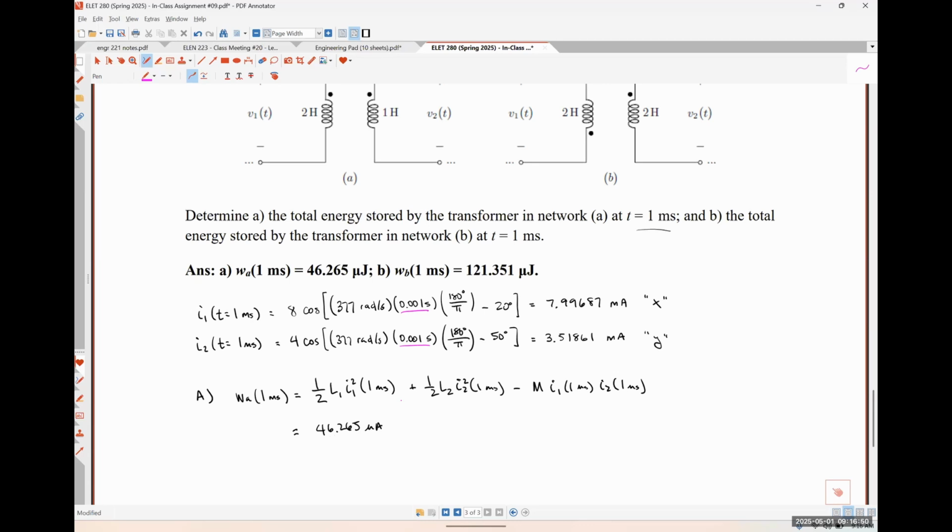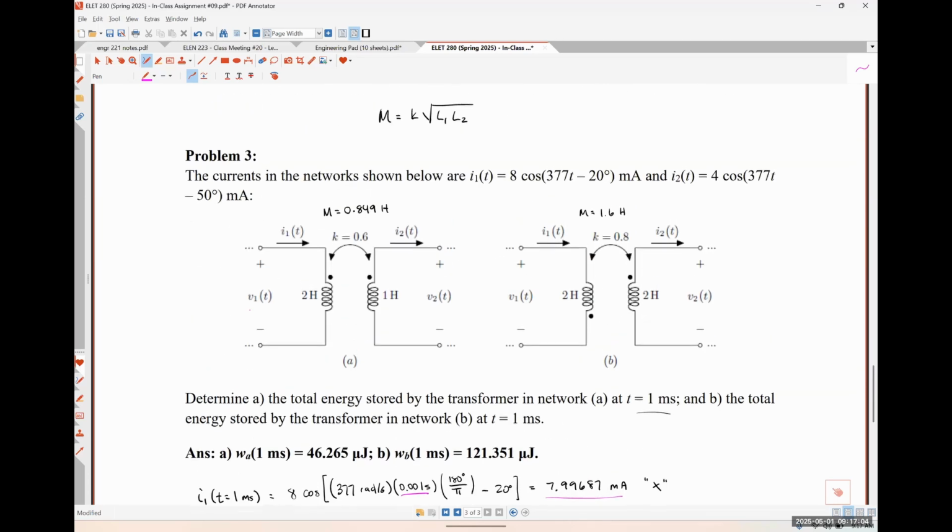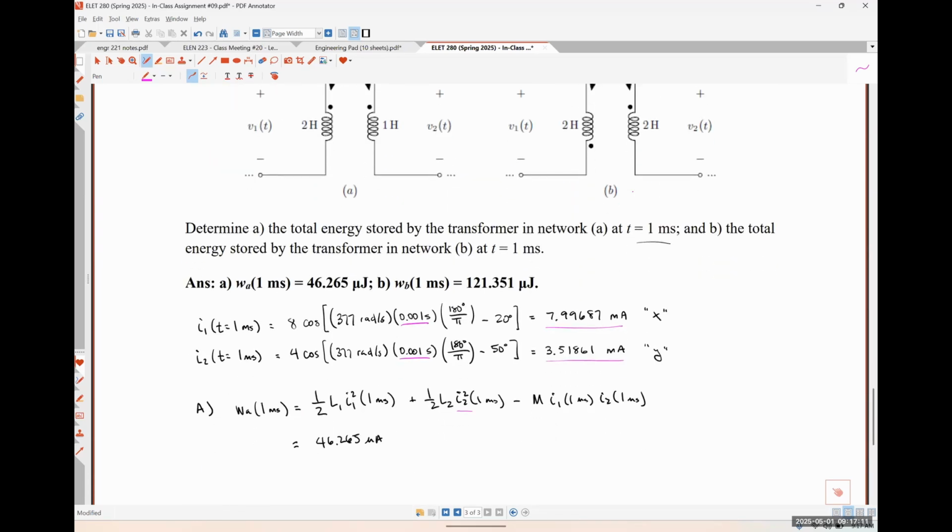So the value of that current at 1 millisecond squared, the value of I2 at 1 millisecond squared. I'm literally just substituting in these values instead of having to write out that whole expression again and again. So this is not multiplying by 1 millisecond. It is evaluating that function I1 at t equals 1 millisecond, which is what we did in the previous part to set things up. Okay.